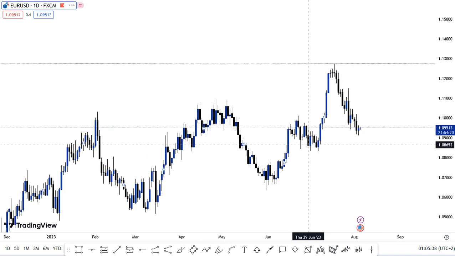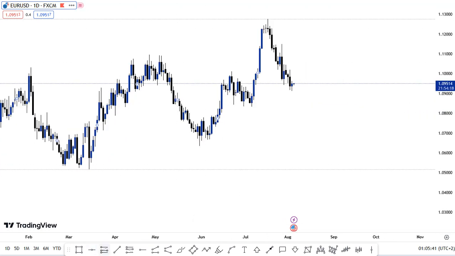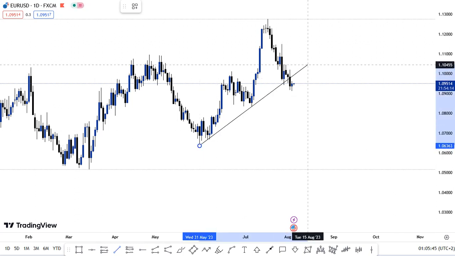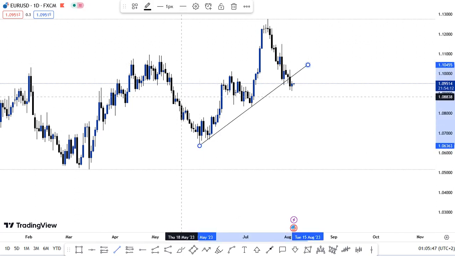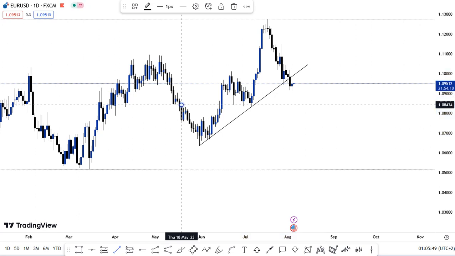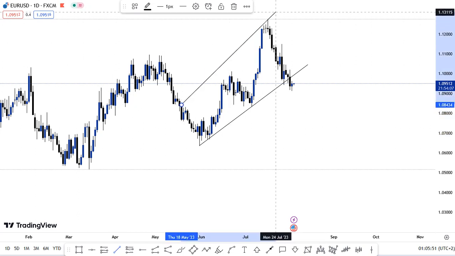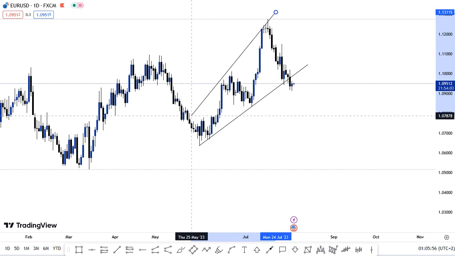Bro, these structures are just the same, bro. I see a lot of things here. Remember, correlation helps, bro. So let's see if we have these two here, just to this level.